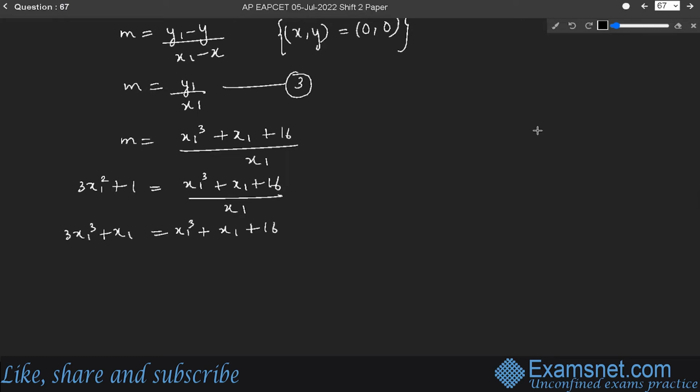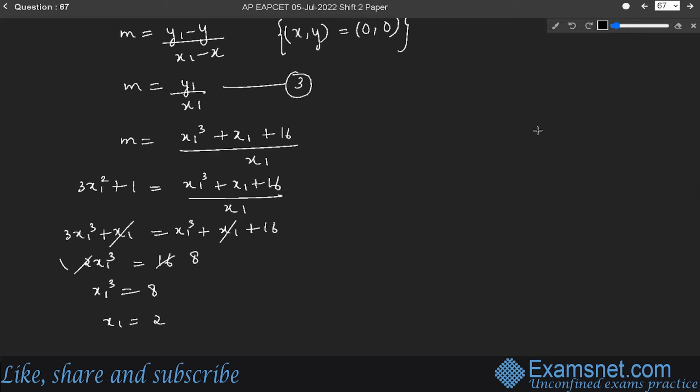Taking x1 cube and 3x1 cube to one side, it will be 3x1 cube minus x1 cube, so it will be 2x1 cube. Here x1 and x1 will be cancelled, equal to 16. So 2 ones are 2 and 2 eights are 16. So x1 cube is equal to 8. So x1 will be 2, because we know that 2 cube is equal to 8.